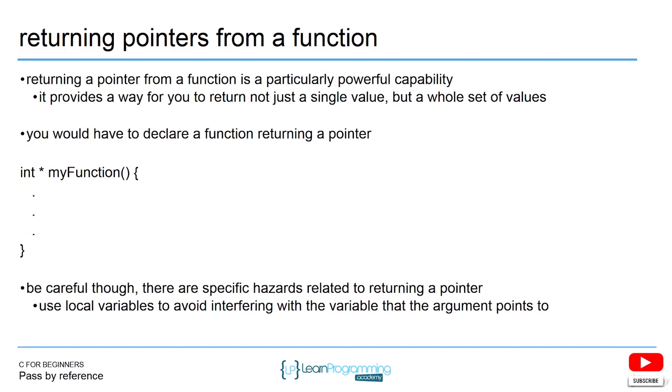Use local variables to avoid interfering with the variable that the argument points to. It is somewhat problematic when you're returning pointers, because if you modify that pointer inside the function and then return it, it could be something that you don't intend. So always use local variables if you do not want to affect a variable that your argument points to.